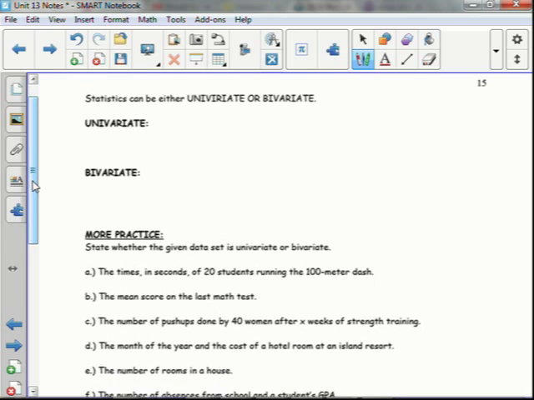The second thing that we're going to look at is univariate versus bivariate data. If we look at this prefix, if we think of a unicycle versus a bicycle, it gives us the distinction that we have here. In a univariate, we're dealing with one, and with a bivariate, we're dealing with two. Variate is like variable.